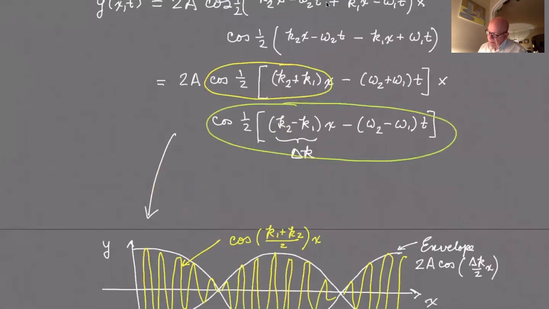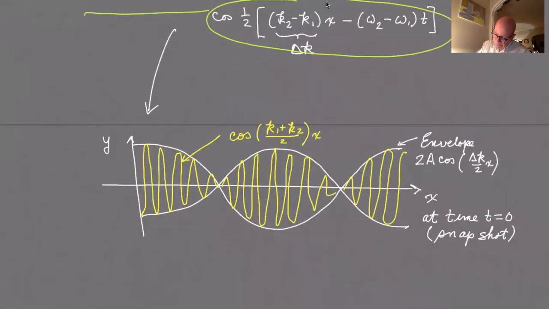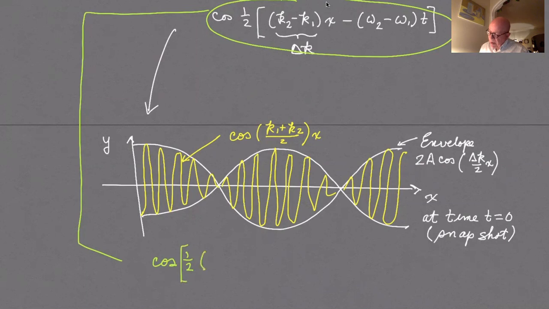This piece is going to look like the cosine of 1/2 of (k2 minus k1) x minus 1/2 (omega 2 minus omega 1) t.